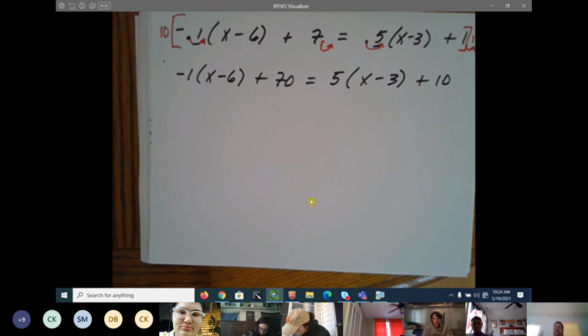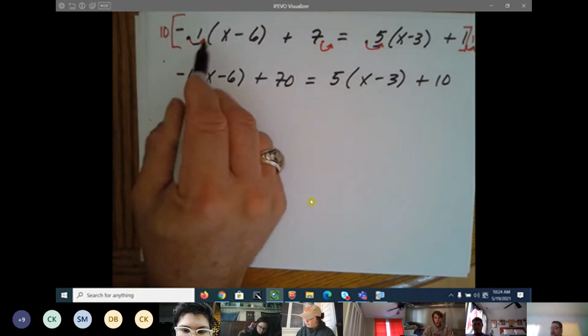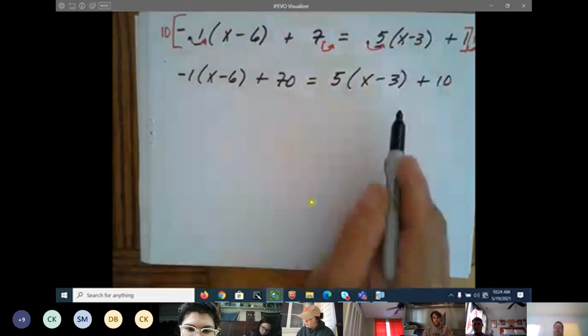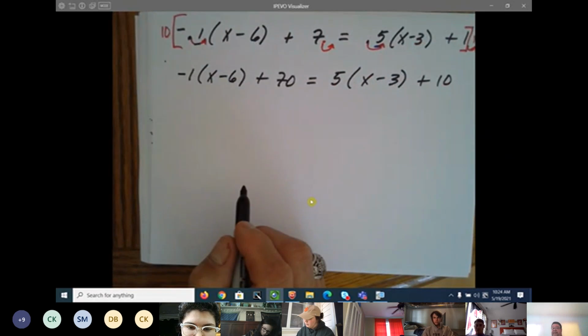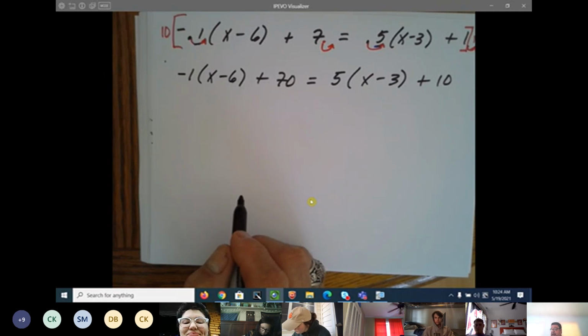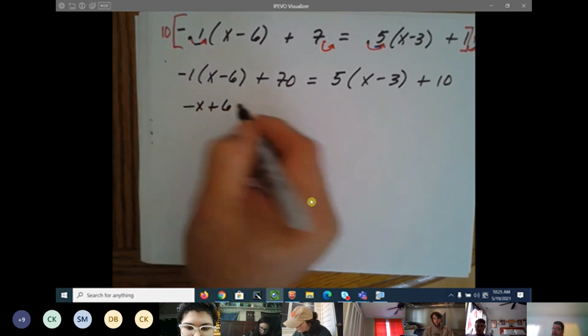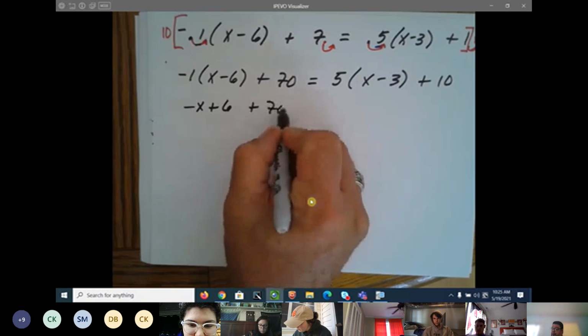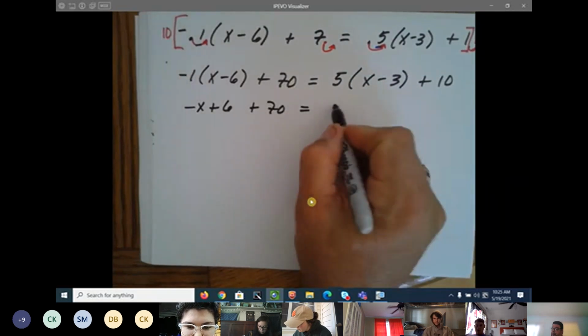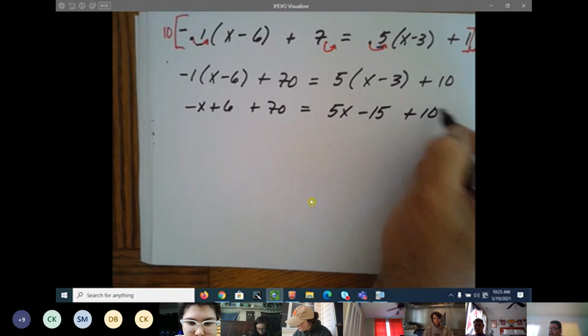And I guarantee you there's somebody in here that never knew you could change this equation into whole numbers. After 12 years of school, I guarantee it. It's sad, but it's true. Negative x plus 6 plus 70 is equal to 5x minus 15 plus 10.